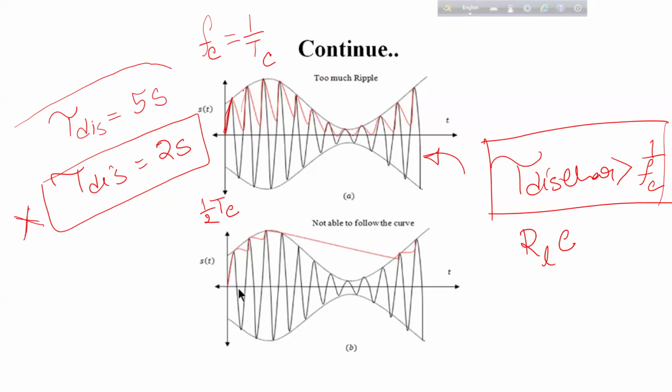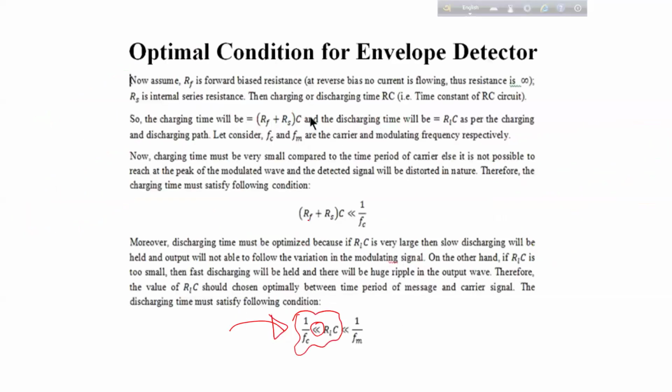So this charging time, tau charging, should be less than 1 by Fc, which means Tc.